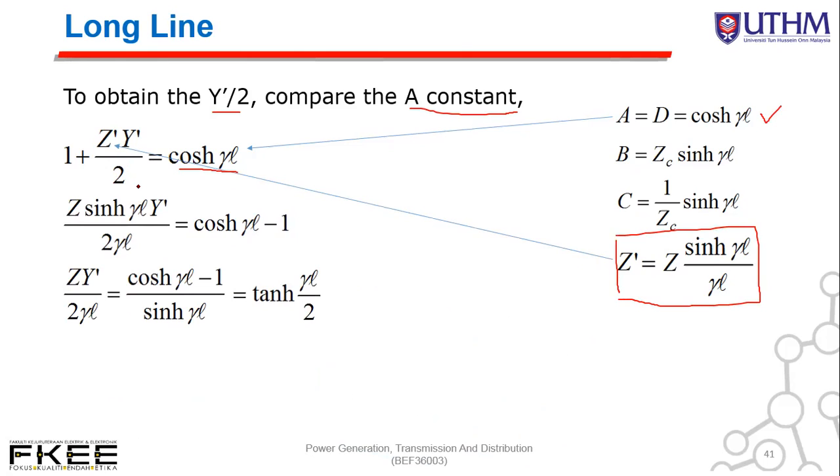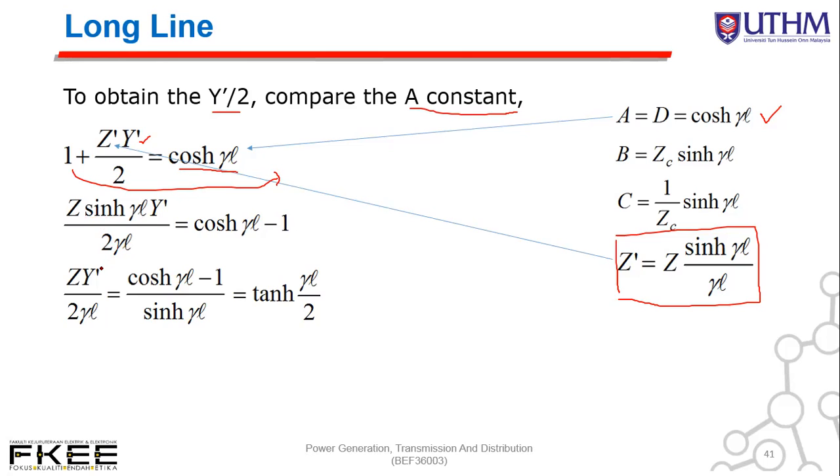If we look at this one, we can solve for Y prime. The 1 we bring to this part, so we get cosh gamma L minus 1. So Z prime equal to Z sinh gamma L over gamma L, times Y prime over 2.